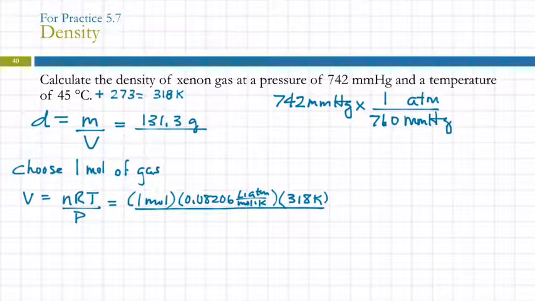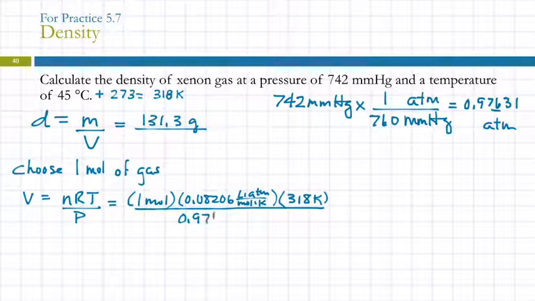So I get 742 divided by 760. 0.976, 3 sig figs, 31 atmospheres. 0.97631 atmospheres.